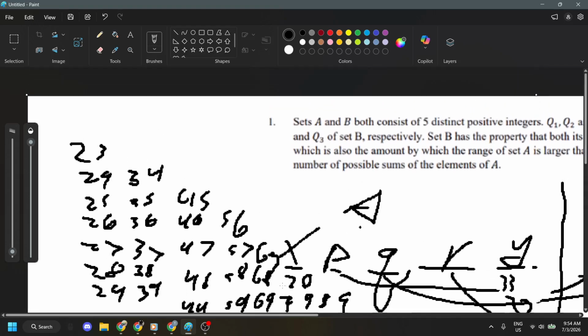Their sums here are 5, how do I do this? 5, 6, 7. Okay, so they follow their sums along this line. This is 9.